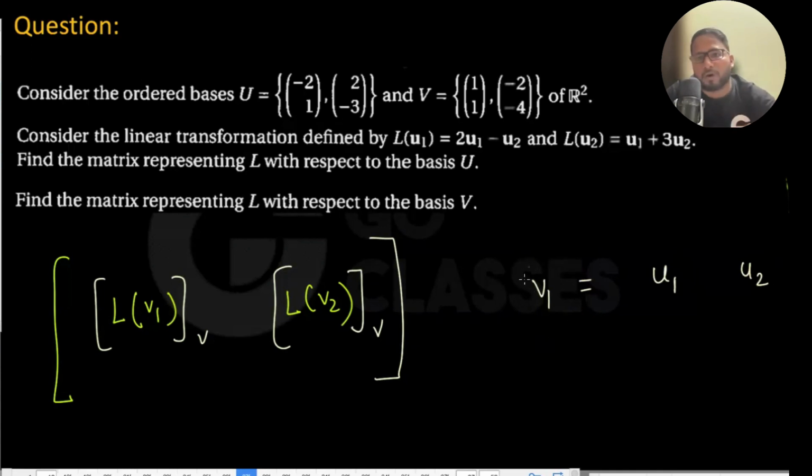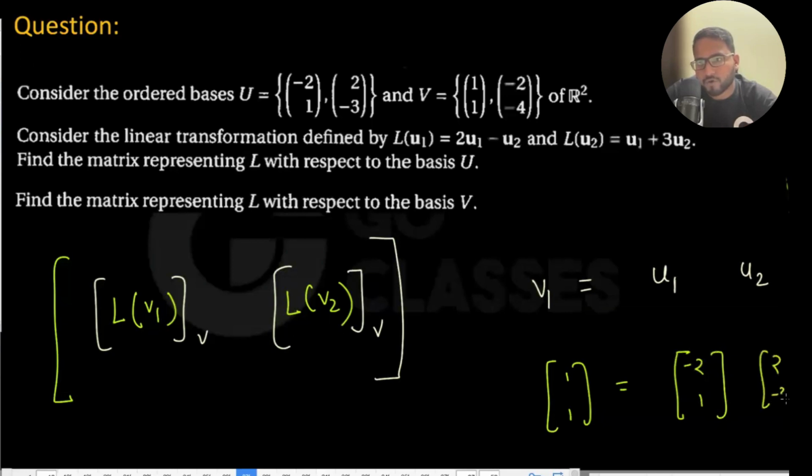So what it will be, I think it is 1 1, which is something minus 2 1 and 2 3. 2 minus 3.